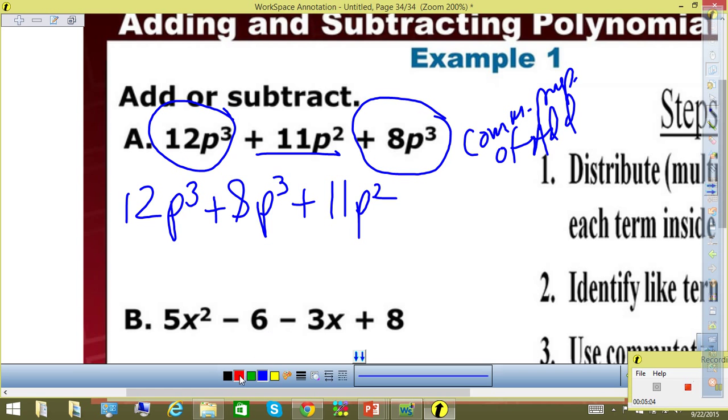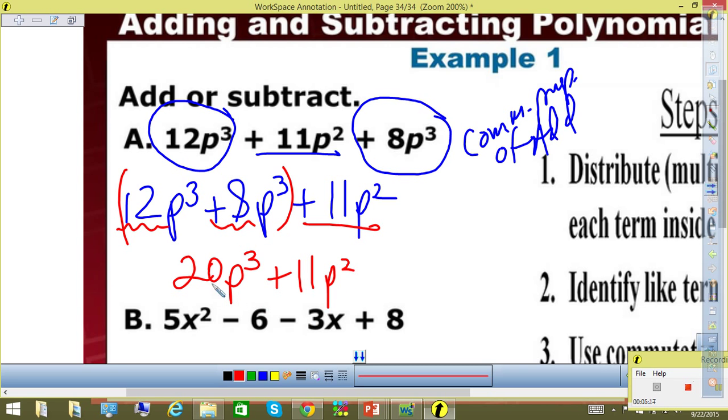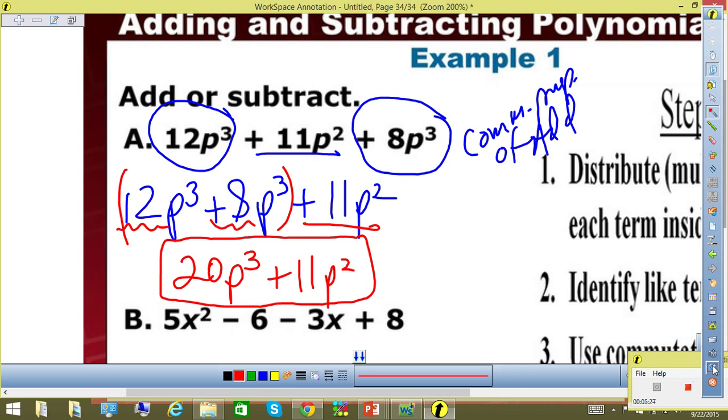All right? And from there, now we can group and simplify. These are the same variable, that's p cubed, and I focus on the coefficient. 12 plus 8, that's 20, and I just bring this one down, and that's 11p squared. Can we combine again? No, because they have totally different exponents on the variable. So we're done up to right here. So far, so good? Let me go over this one. Oh, and by the way, when we group them, what is the property there?